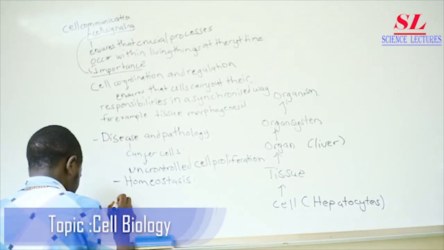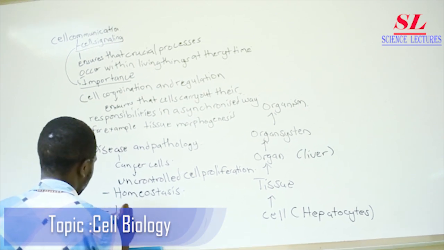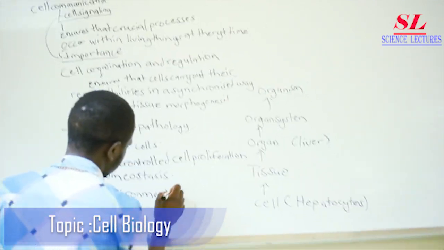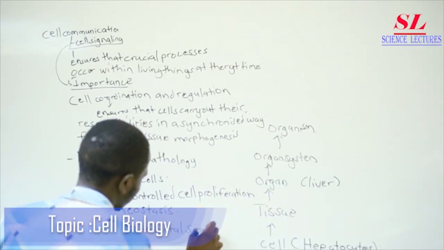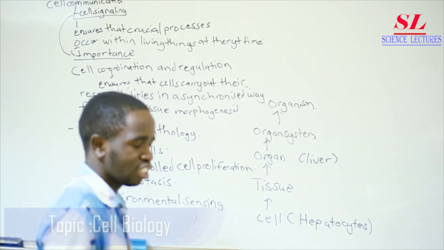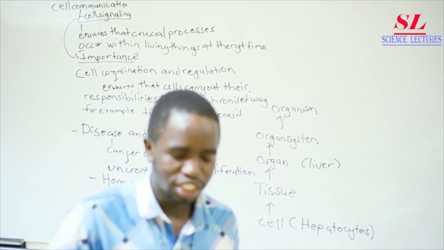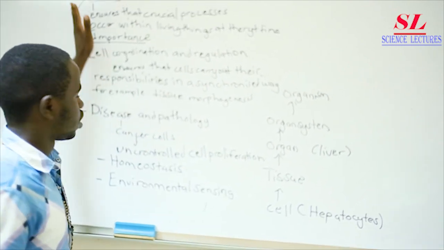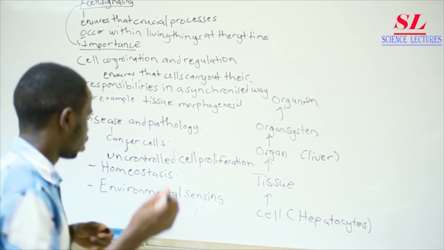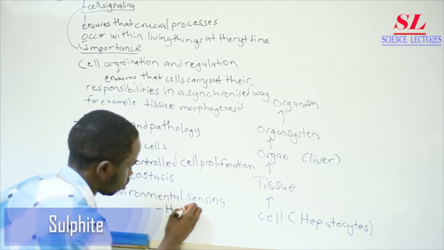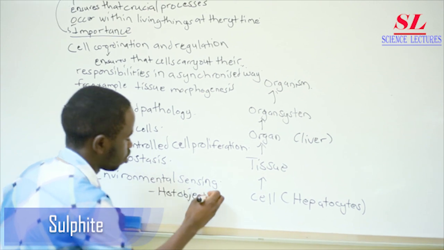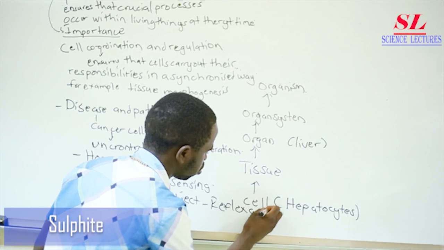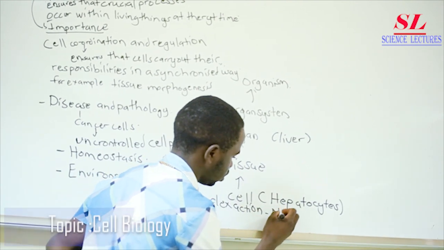Yes, the other function of cell signaling is environmental sensing. Any changes in the environment are checked for, sensed, and are reverted back to normal by cell signaling. For example, if you touch a hot object, we usually have what they call a reflex action, which is controlled by the nervous system.